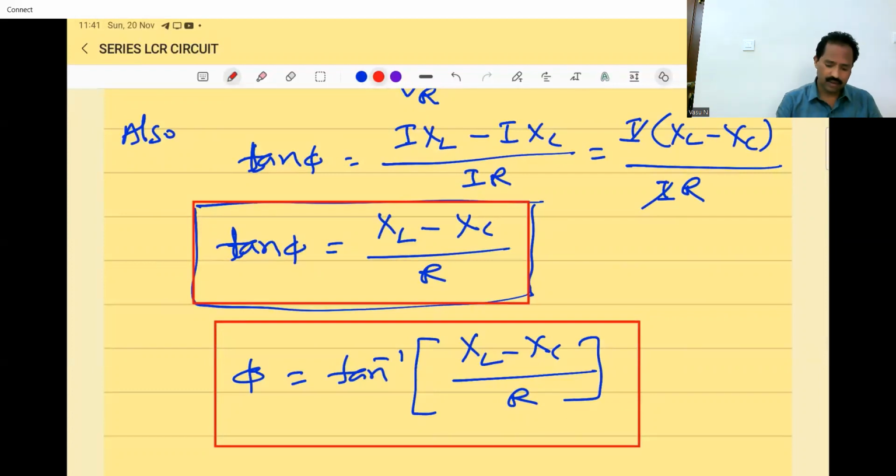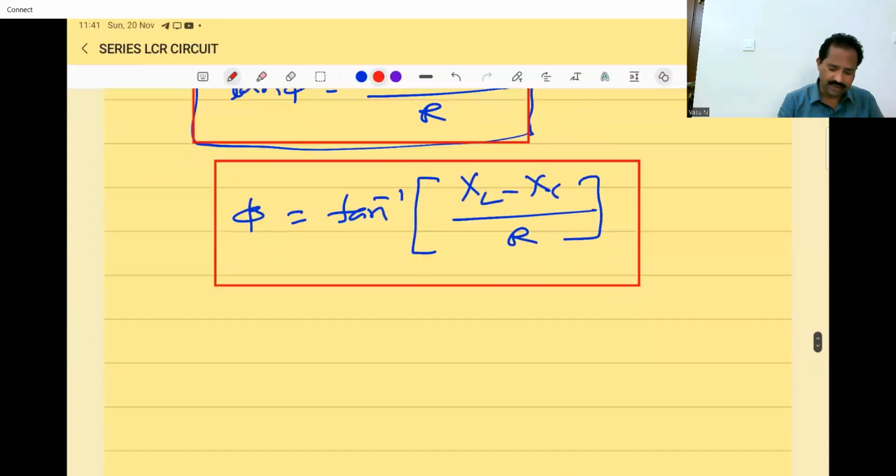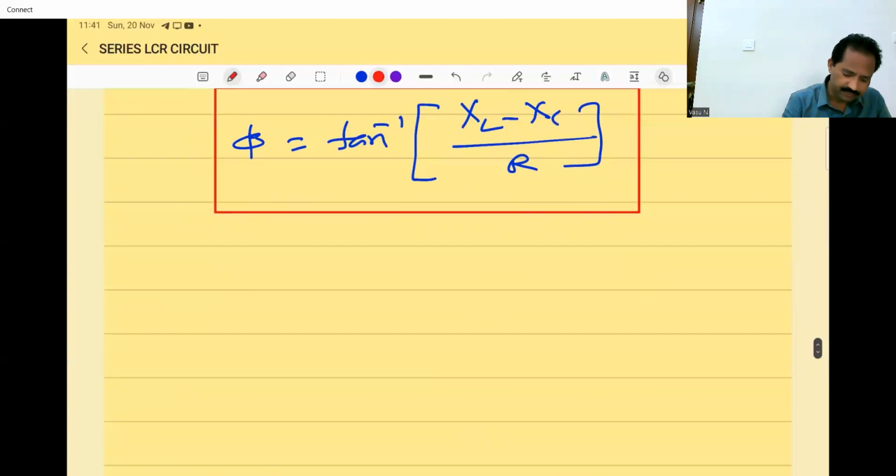Now let us define what is called impedance. Here they may ask you, what is impedance?